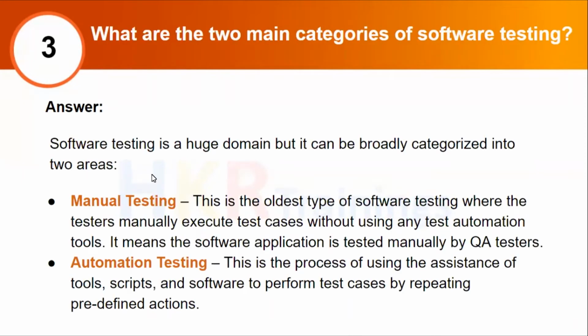As discussed, manual testing is the oldest type of software testing. We have been hearing about manual testing for a couple of years. It is the basic testing we'll be doing. If anything has to be executed regularly, then we will be going for automation testing.